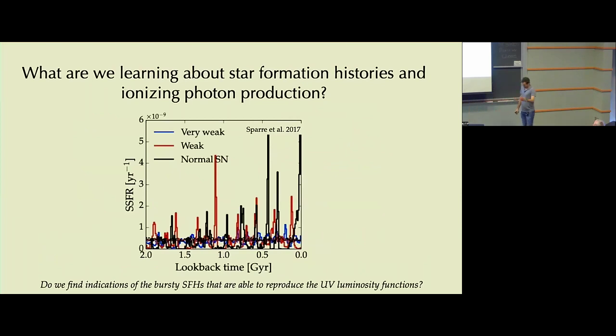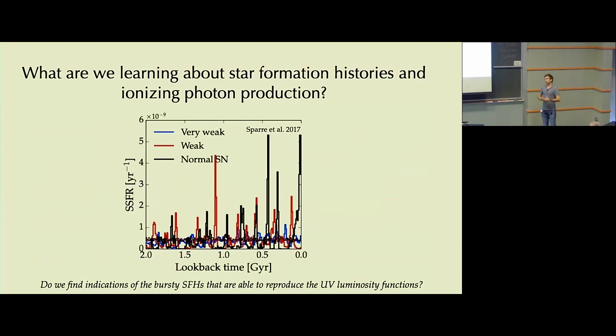I said a few words about star formation histories and bursty star formation histories. Now I want to tackle this topic more head on. So what is JWST telling us about the star formation histories and the ionizing photon production efficiencies in these very high redshift systems?